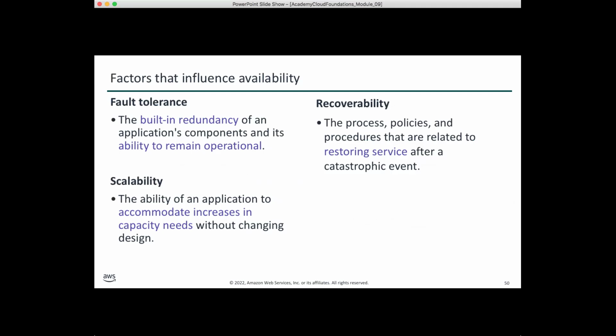Now, the factors that influence availability fall under three broad categories: fault tolerance, scalability, and recoverability.